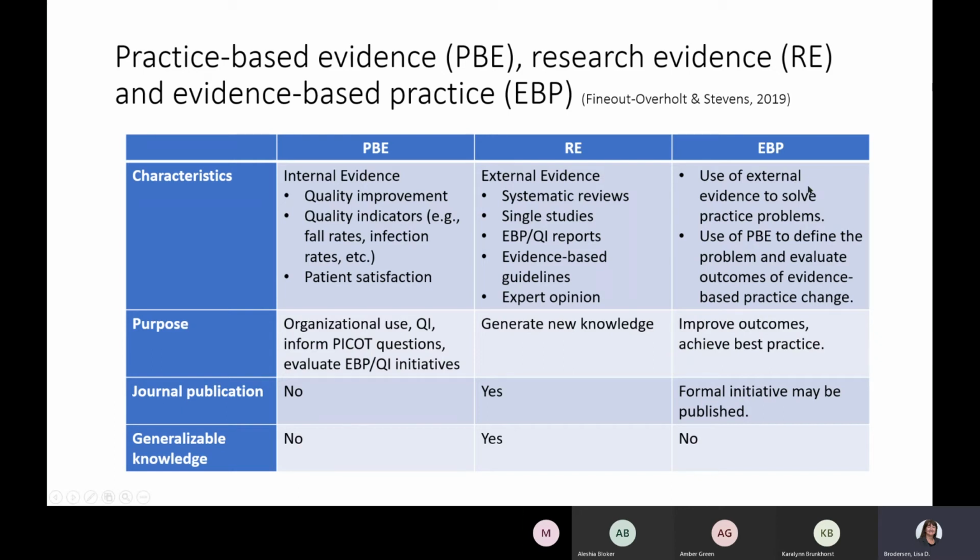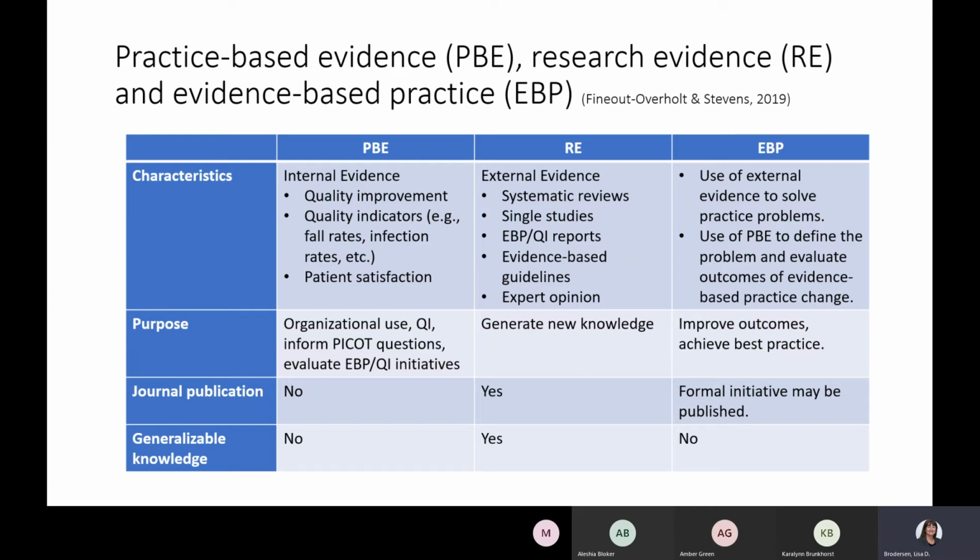Evidence-based practice then is basically a process that involves using external evidence to solve practice problems. And it can also involve use of practice-based evidence to define the problem and to evaluate the outcomes of evidence-based practice change. Its purpose is basically to improve care and outcomes and to achieve best practices.